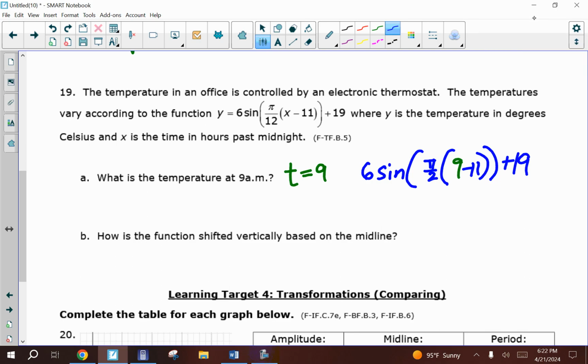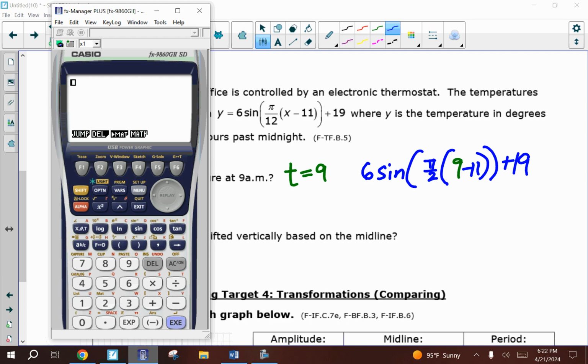Let me go back over here. So 6 sine, pi halves. Oops. I need to add parentheses around this. Then I need this to be a fraction, so it's pi halves. Then I need a second parentheses with 9 minus 11 in there.